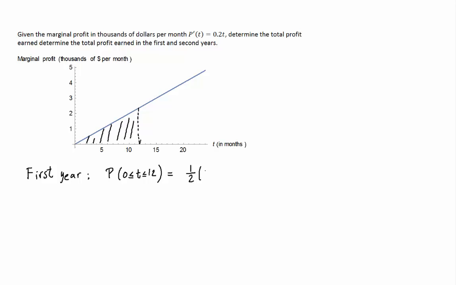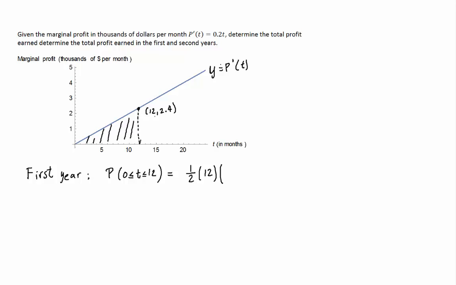So a half of the base, which is 12 months, and the height is going to be, for this triangle, P prime at 12. By the way, this is y equals P prime of t. So we evaluate it, and in that case you get 2.4 thousands of dollars.